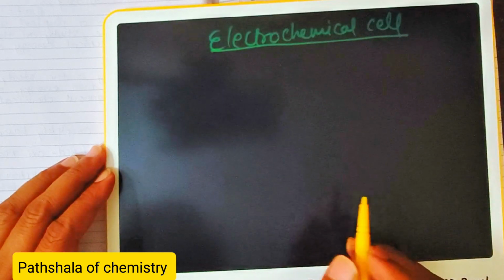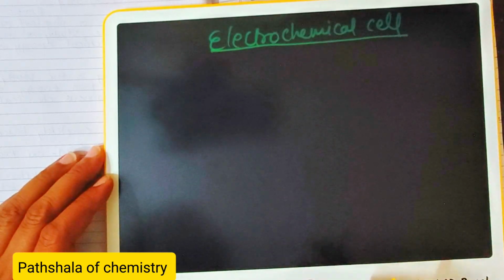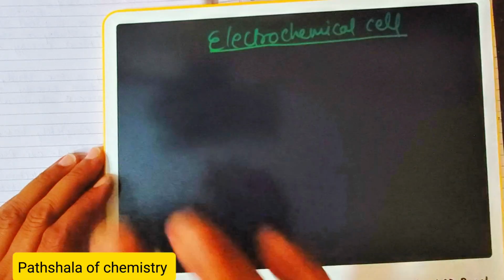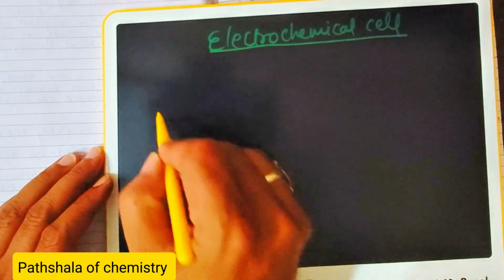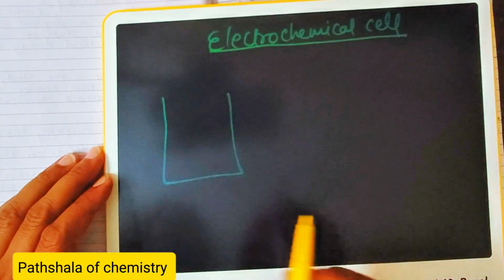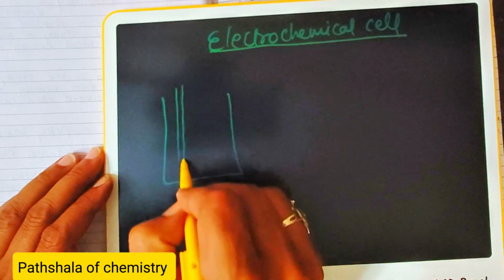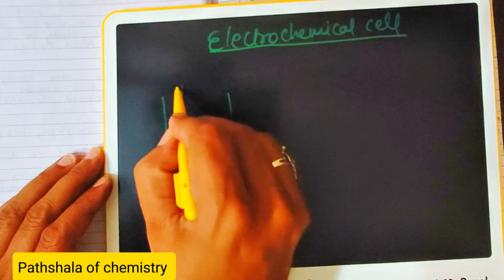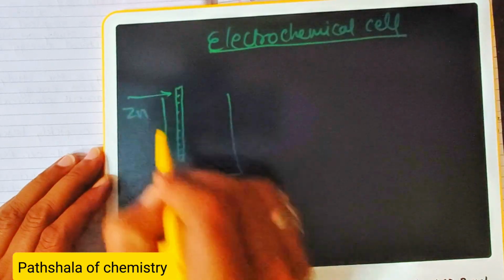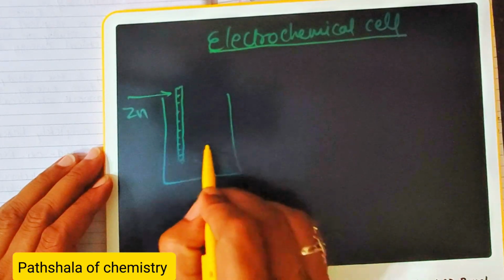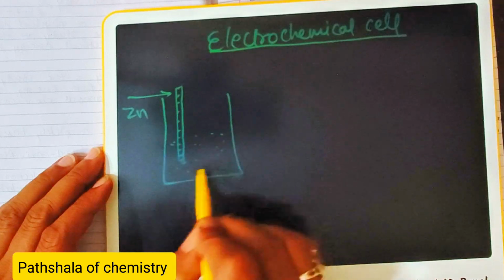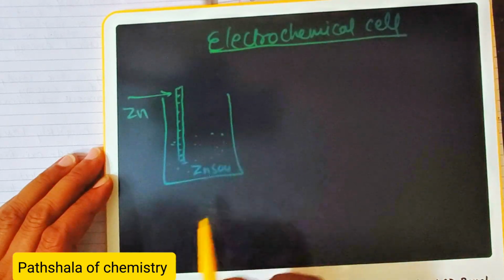So electrochemical cell, galvanic cell or voltaic cell. The example of this type of cell is the Daniell cell. So the Daniell cell consists of two electrodes placed into two separate beakers. In the first vessel, a zinc rod dipped into zinc sulfate solution.